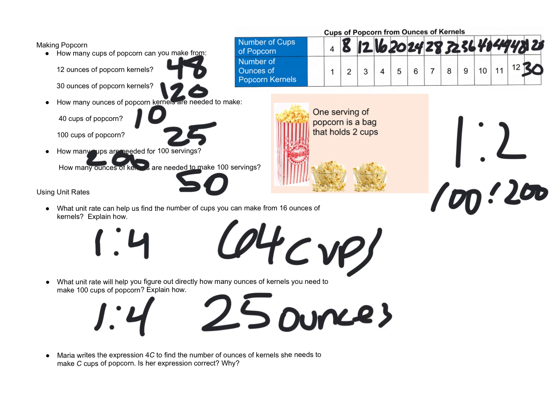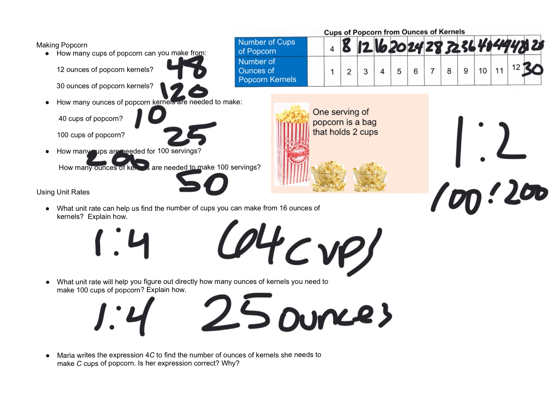All right, and it says Maria writes the expression 4C to find the number of ounces of kernels she needs to make C cups of popcorn. Is her expression correct? Well, we know it's 1 ounce for 4 cups. 4C would be incorrect.